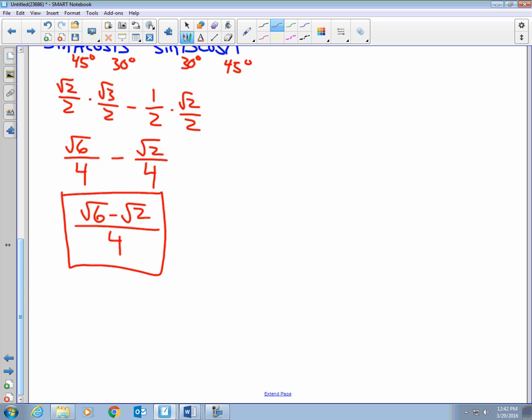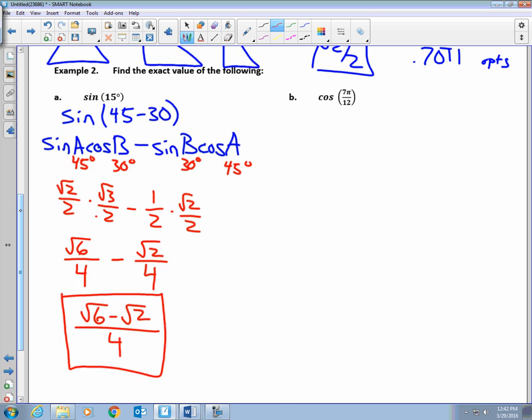That's the exact value. Yep, you either need to memorize it or draw it out.